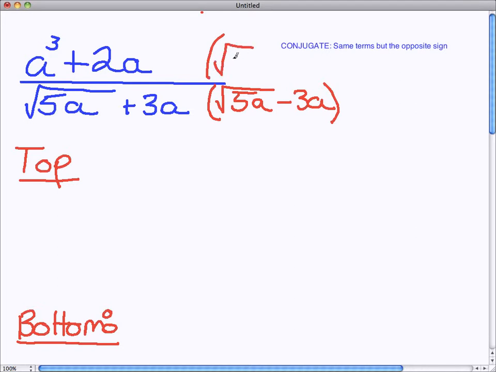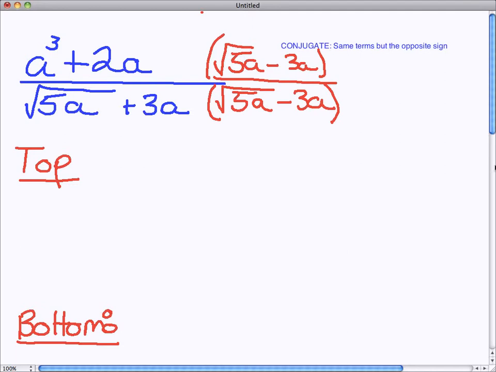That's one of our cardinal rules of algebra: what you do to the bottom, you must do to the top. That is because if I multiply the top and the bottom by that value, essentially I'm multiplying by 1, because anything divided by itself is the number 1. So I can multiply anything by 1 and technically not change my values.